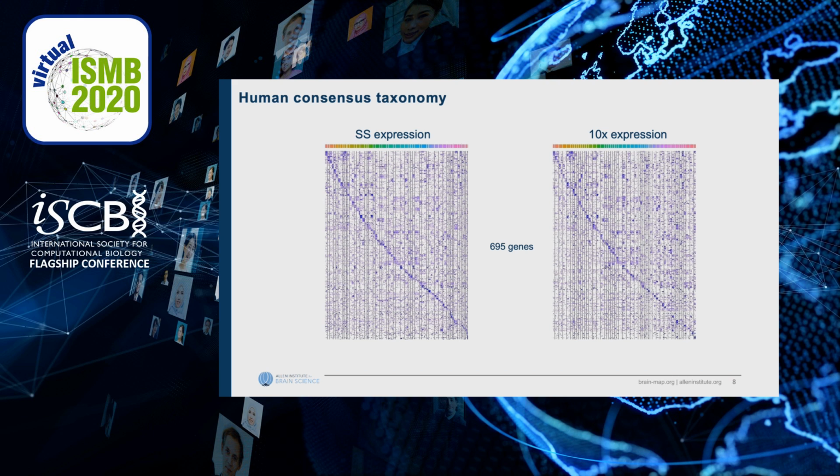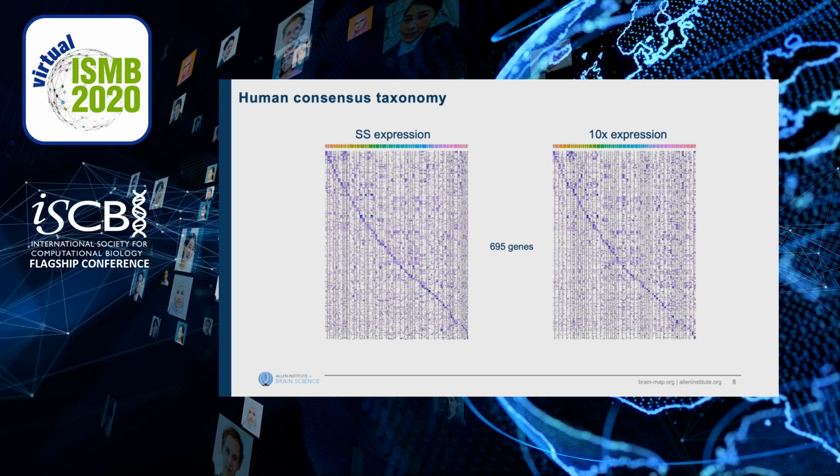The SmartSeq data is on the left, the 10x is on the right, and I found DE genes for each SmartSeq consensus cluster using ROC analysis and am plotting the top 20 genes per cluster here. We see that the SmartSeq-defined marker genes recapitulate very well in the 10x dataset, and this suggests that these consensus clusters are biologically relevant. They're not just random clusters that don't share DE genes. They seem to be conserved between SmartSeq and 10x.